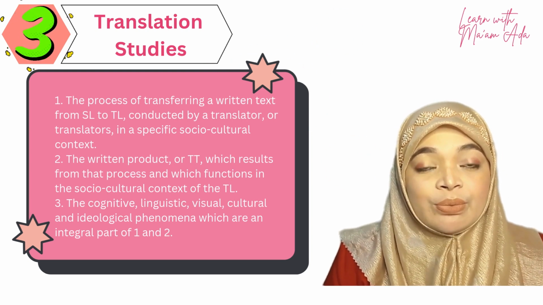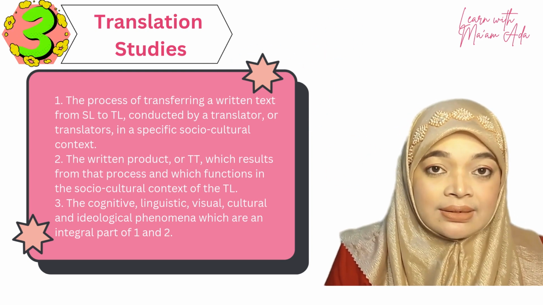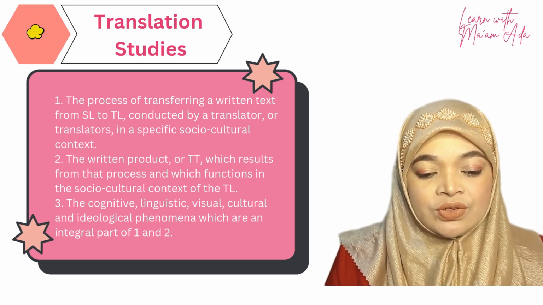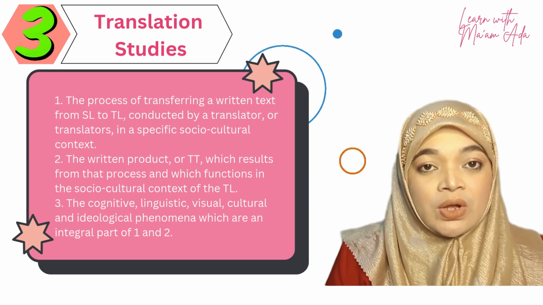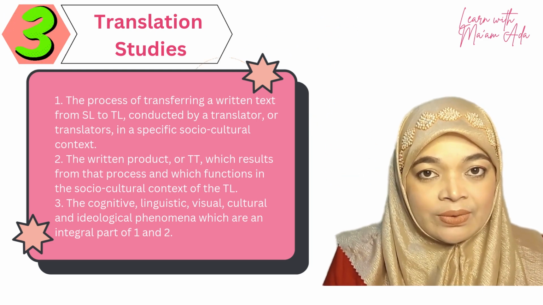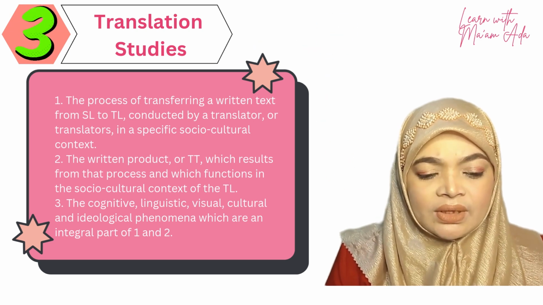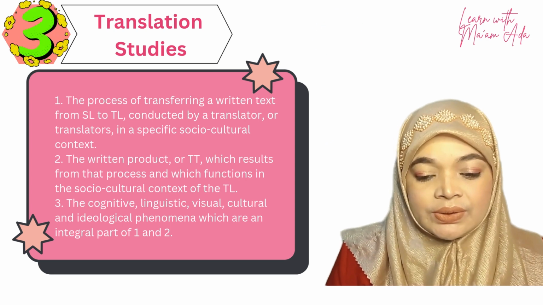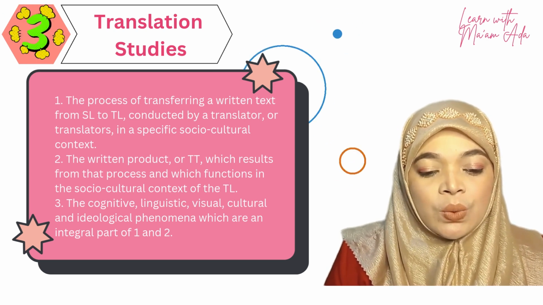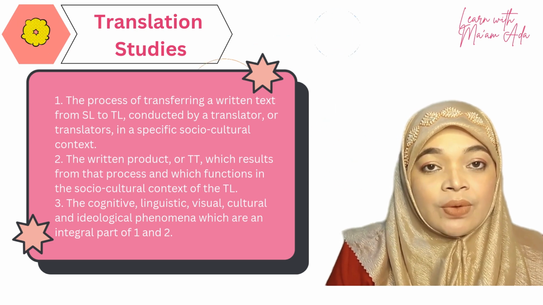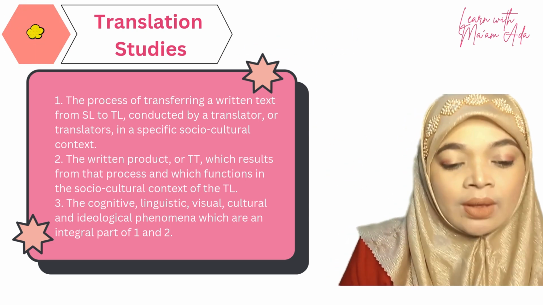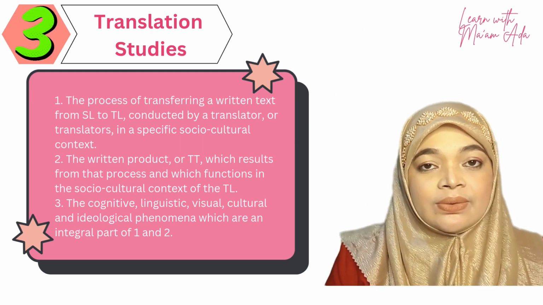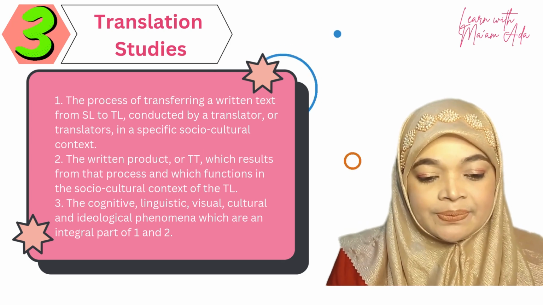Second, the written product or target text, TT, which results from that process and which functions in the socio-cultural context of the target language or TL. And third, the cognitive, linguistic, visual, cultural, and ideological phenomena which are an integral part of 1 and 2. So this concept box is the ambit of translation.